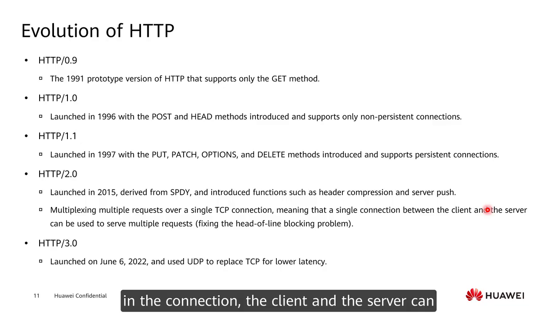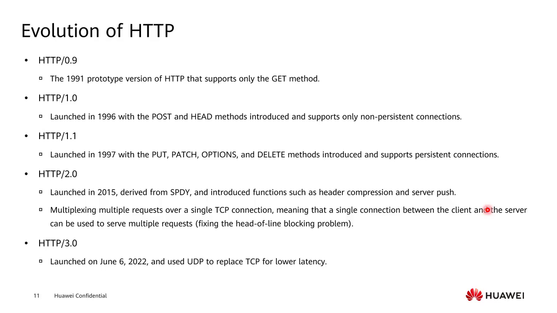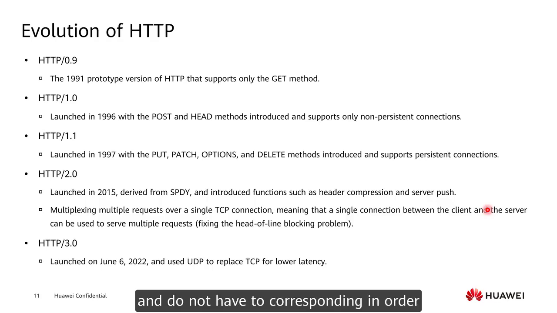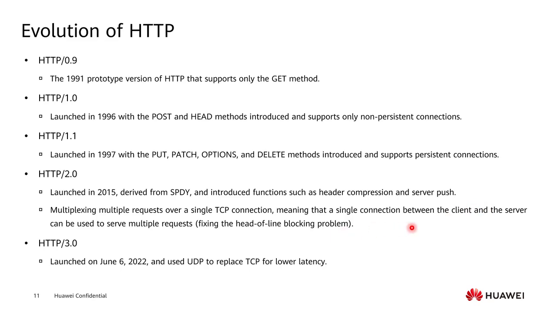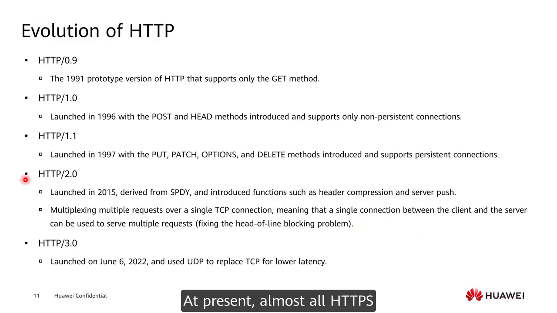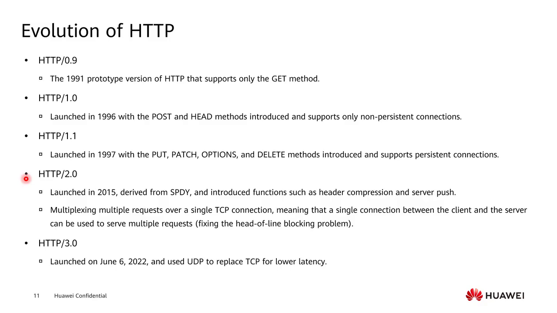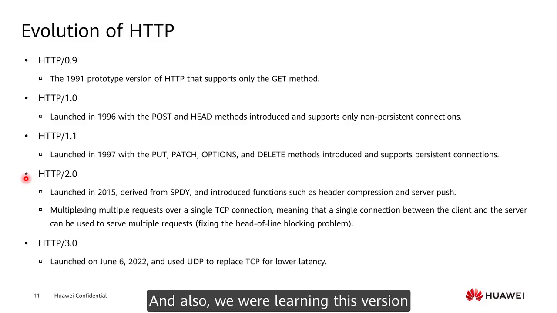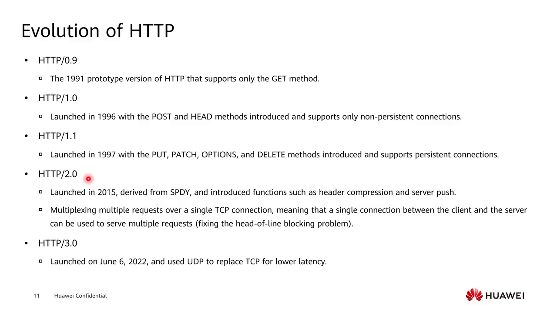The client and the server can send multiple requests or responses at the same time and do not have to correspond in order. This avoids the head-of-line blocking problem. At present, almost all HTTPS use this version, and we will also learn this version.